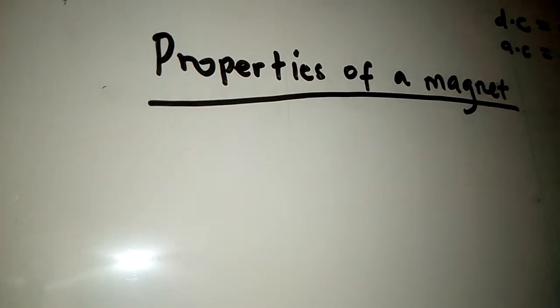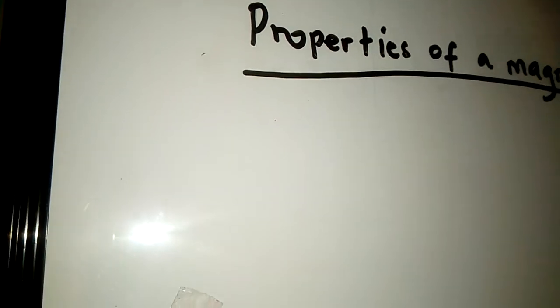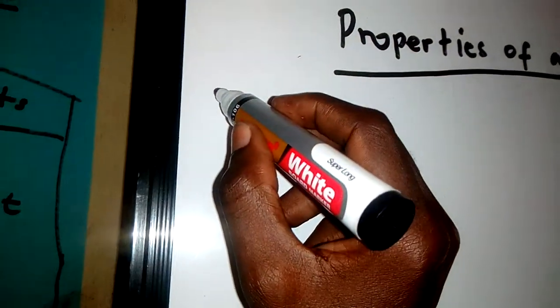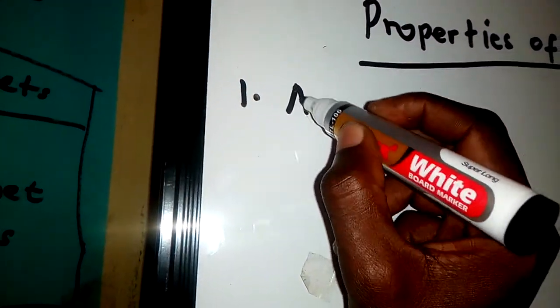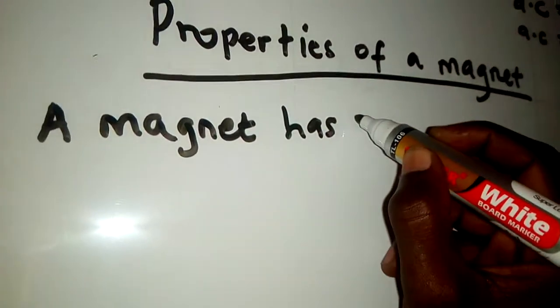Yes, you can know a magnet by using its properties. Now, what are the properties of a magnet? Property number 1, a magnet has 2 poles.